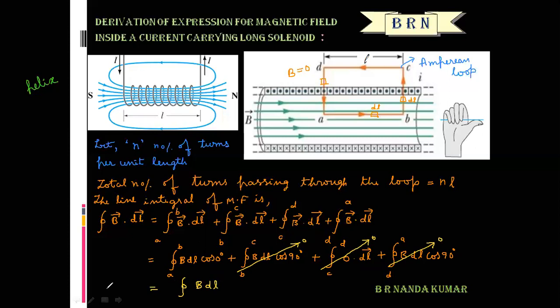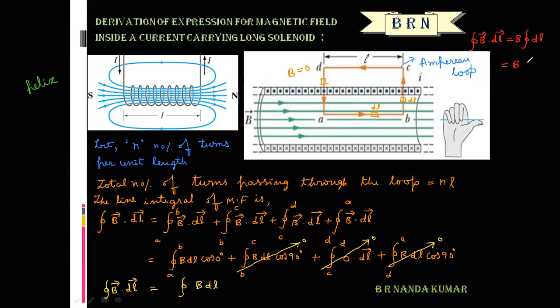Finally, we will get integration of B dl cos 0. Cos 0 is 1. So the line integral of magnetic field, B vector dot dl vector, that is integration of B dl. So integration of B vector dot dl vector is equal to, so here B is constant, so take it outside: B integration of dl.